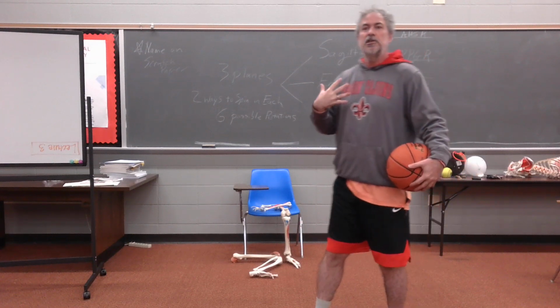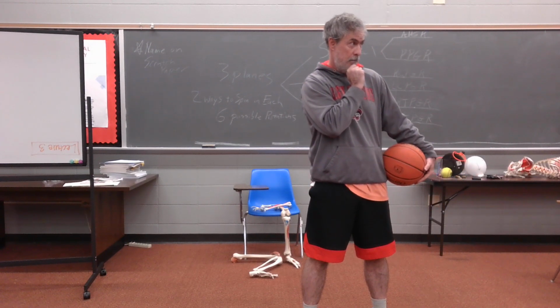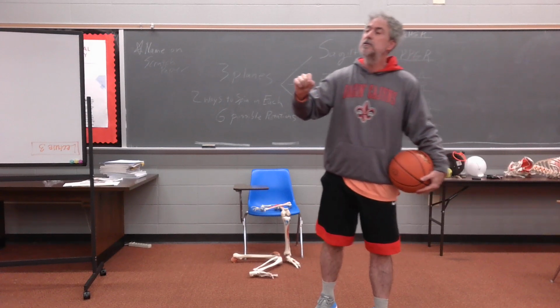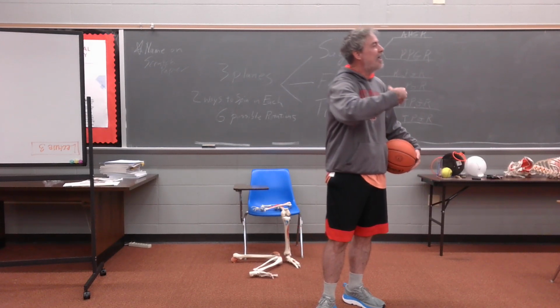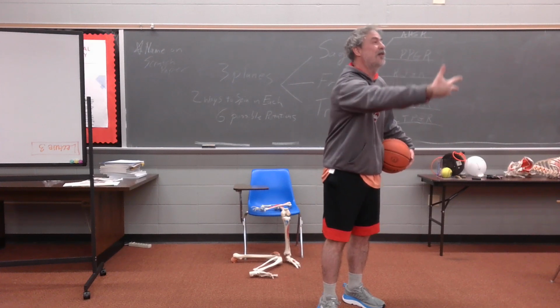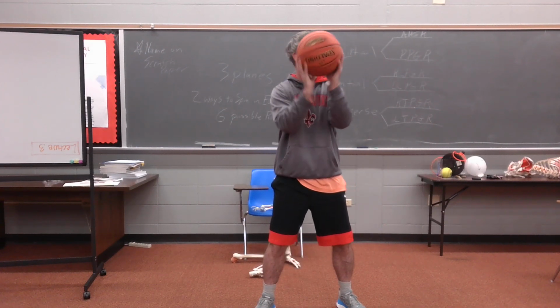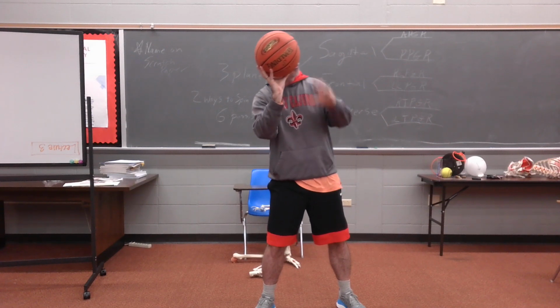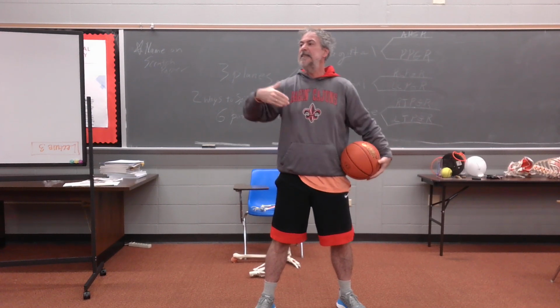Is our basketball spinning? Is our pelvic girdle spinning? If the answer is no, then we're done. If the answer is yes, we have to ask, how did it spin? What was responsible for spinning the ball? Was it both hands? Was it just my right? Was it just my left? That's where we get into hip motion.